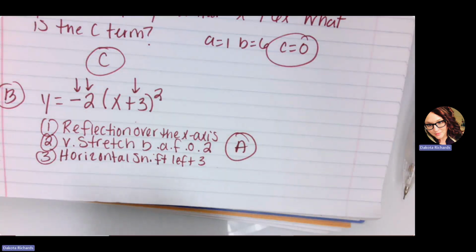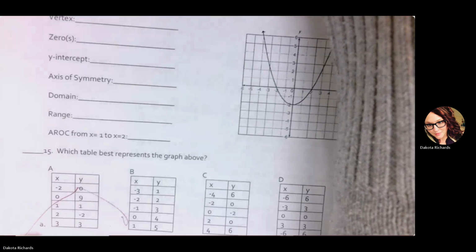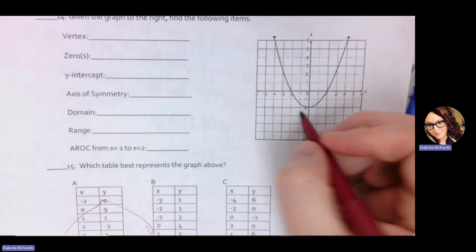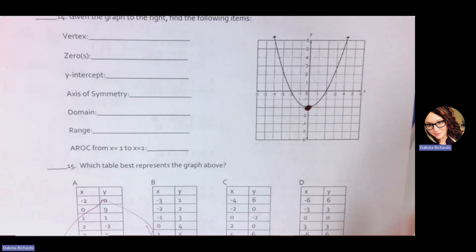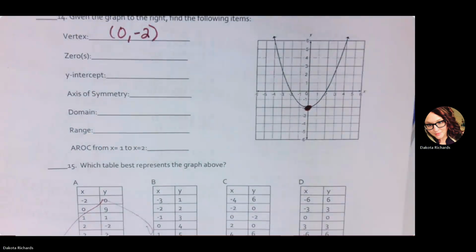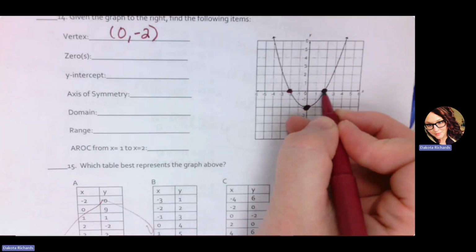All right, and then 14, you're given this graph, and you have to answer questions about it. So the vertex is this point here, and this point is at 0, -2. The zeros are going to be where the graph crosses the x-axis.